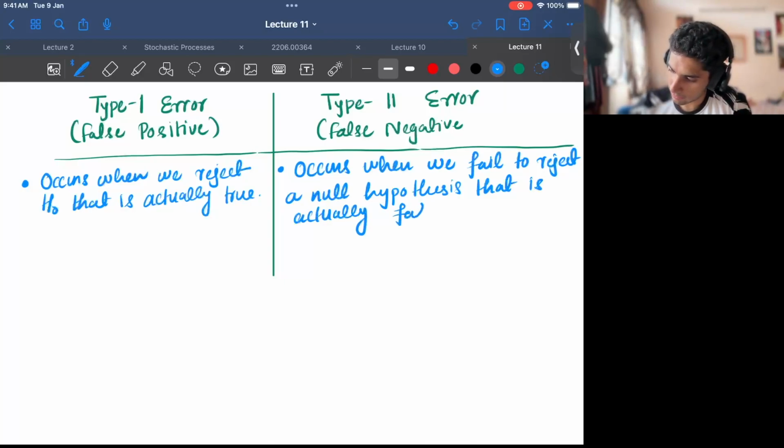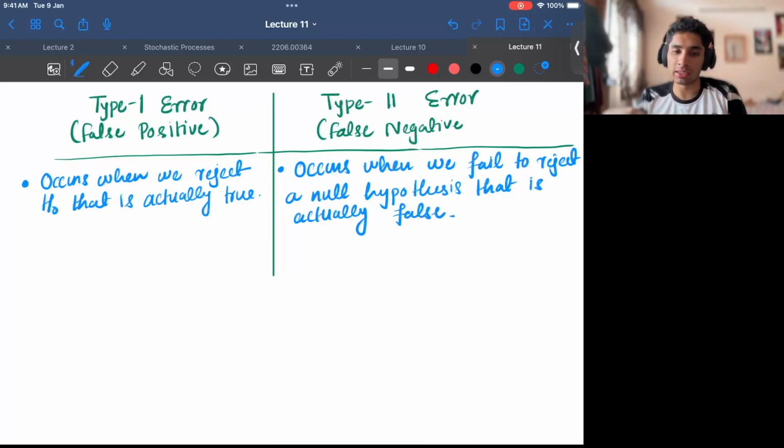In other words, we fail to detect a significant effect or difference when there is one in reality. You are saying that the default assumption, your null hypothesis, is true. However, in reality, it's actually false.